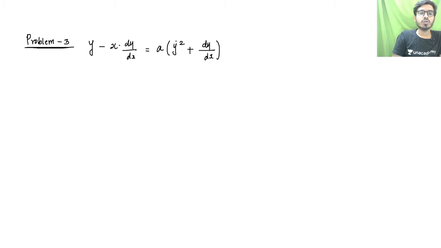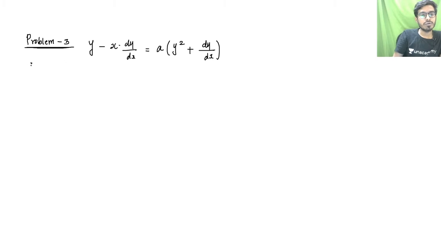So we will start the third problem. When you look at this, you should not say that it is not of the form dy by dx equal to f of x comma y. It is also a first order, first degree equation, because we have only dy by dx. If you collect all the other terms to one side, we will have dy by dx equal to f of x comma y.